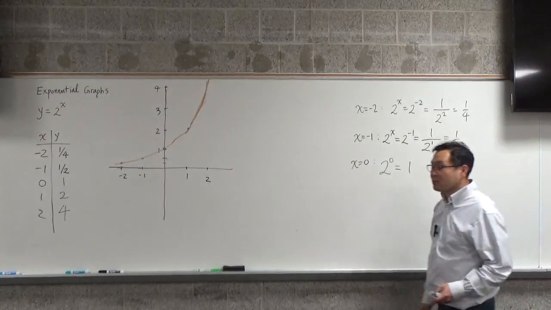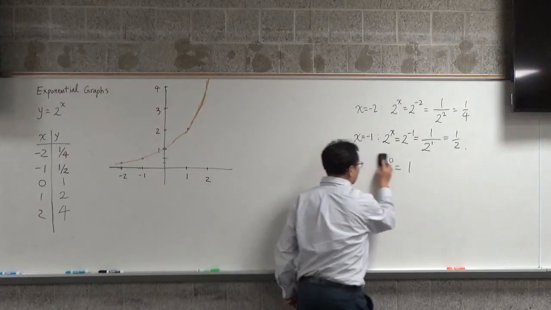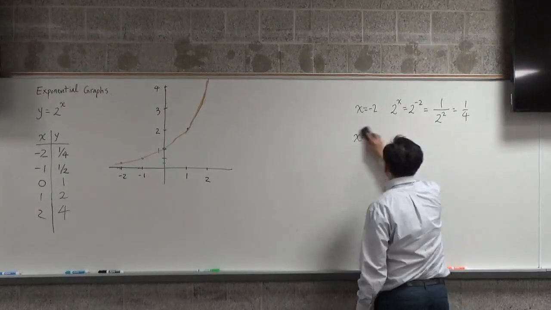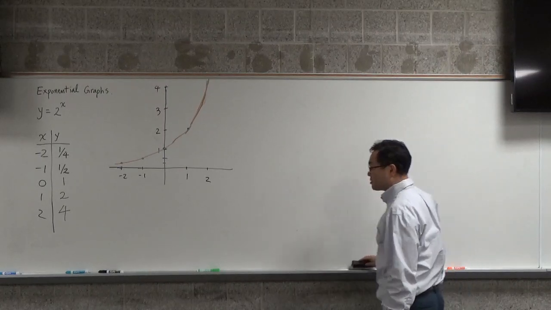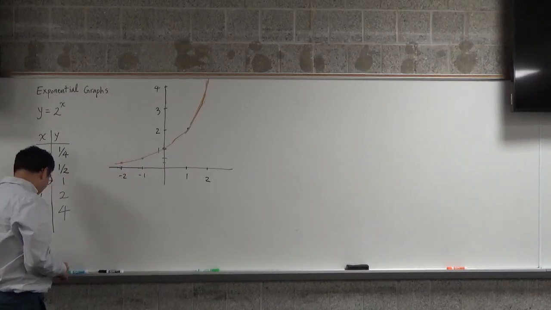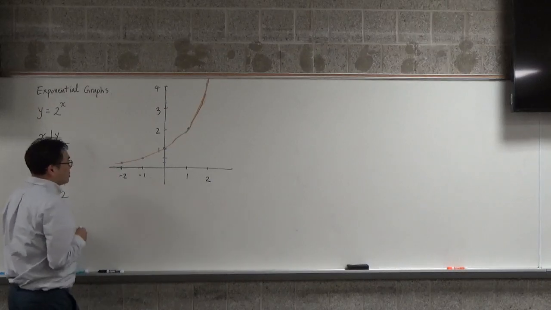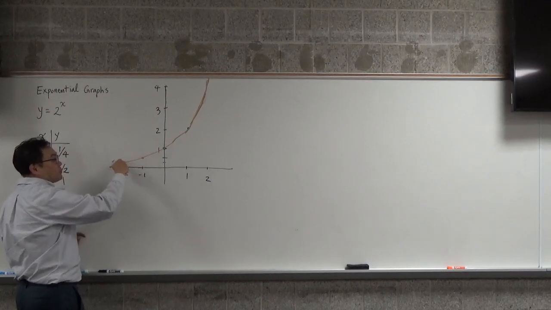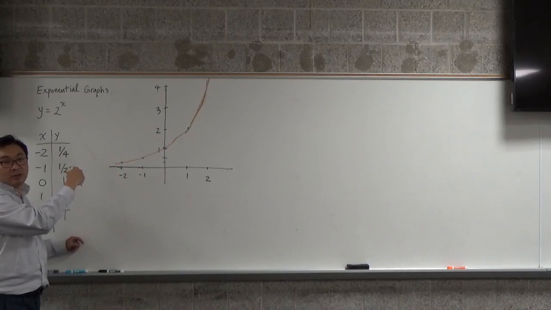Now, there are two things that we learn from this, actually, I would say three things. There are three important things that you should know about this graph. The first thing is, as you go left, the graph gets closer and closer to what? 0, right?